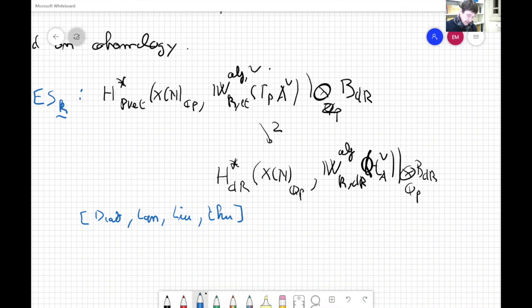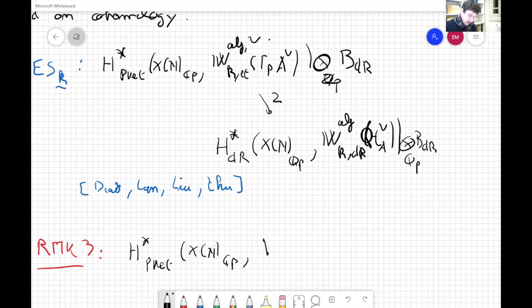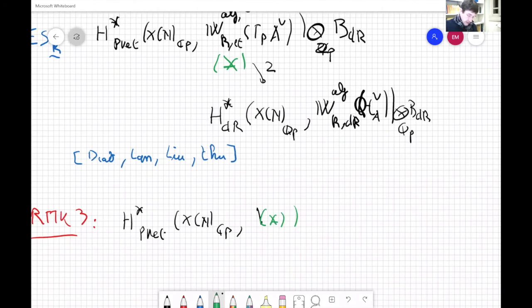Okay, and there is a remark 3 that I want to make, actually. And the remark 3 is that, in fact, one can prove that the cohomology of this object here, so let me simply write a star here, otherwise I will just spend too much time in rewriting the thing.